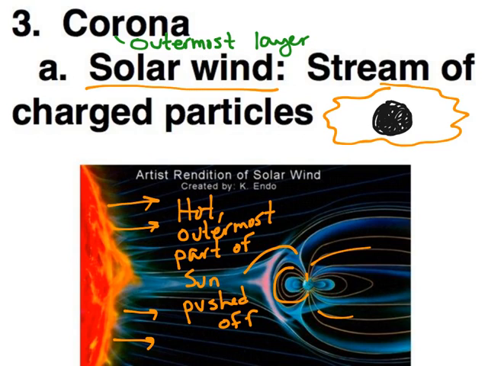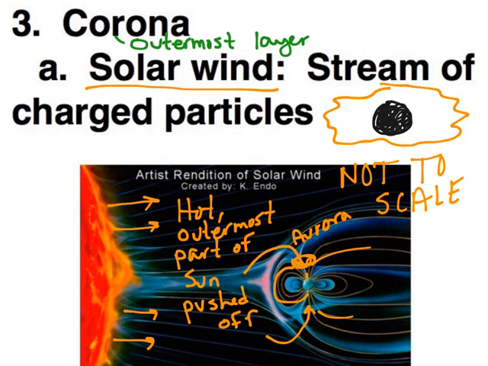And if those charged particles get funneled down to the poles, that's when we get aurora. And so if there's a sudden burst, then you get more charged particles and you get stronger aurora, and you get a really nice light show. Can't emphasize enough this picture, not to scale. The Earth is most definitely not that close to the Sun.